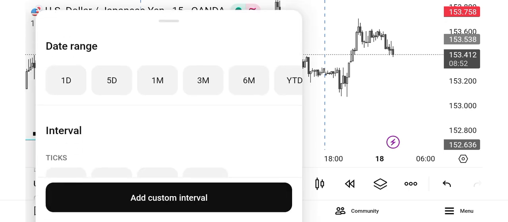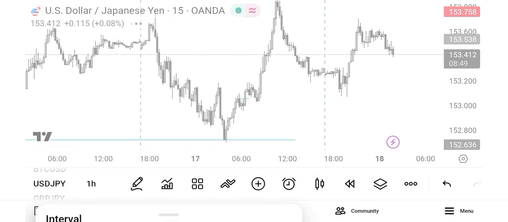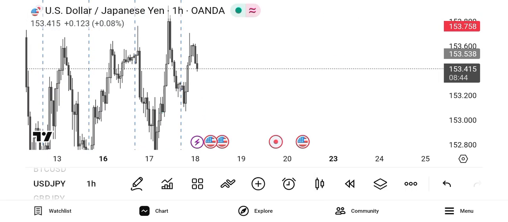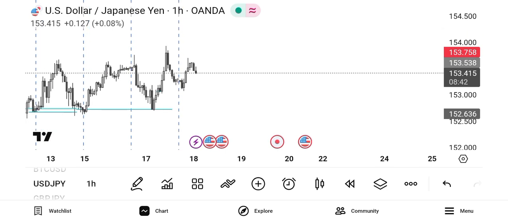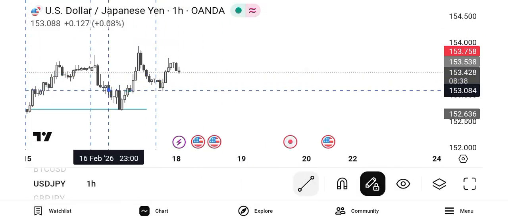Then we drop to the 1 hour, which was this order block right above here.